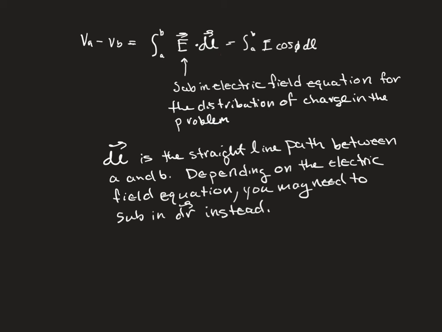And then we have to keep in mind dl is the straight line path between A and B, which means that depending upon which electric field equation we're using, that may actually be dr instead of dl. So something like if you have a linear charge, or a line of charge, and you want to find the potential difference between the surface of the charge and some radial distance away from the point of charge, you would have to replace the dl with dr, because that would be the radial distance away rather than some length away.